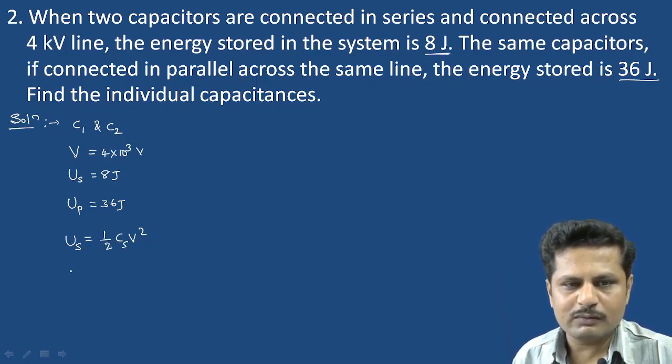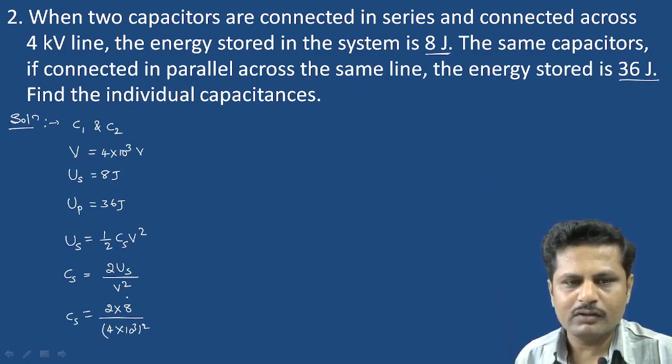So CS, when capacitors are connected in series, equals 2 US divided by V square. Now substituting the given values: 8 joule divided by V square, where V is 4 into 10 raised to 3, whole square.